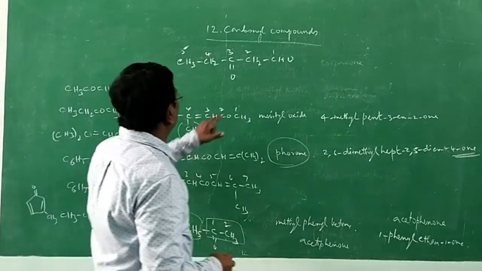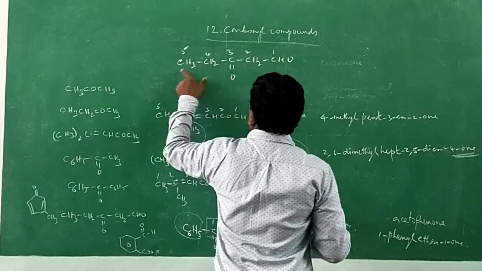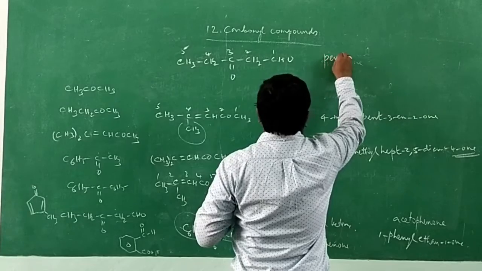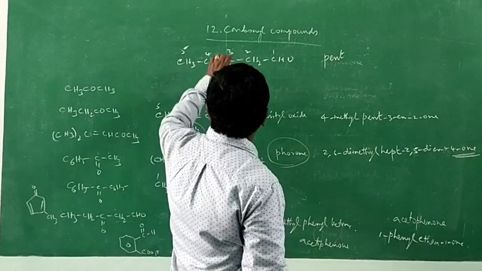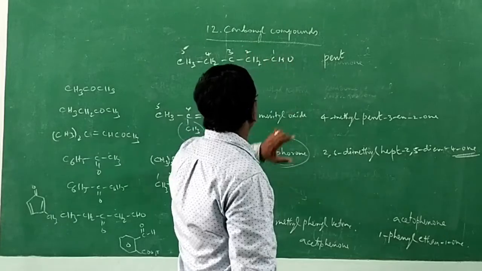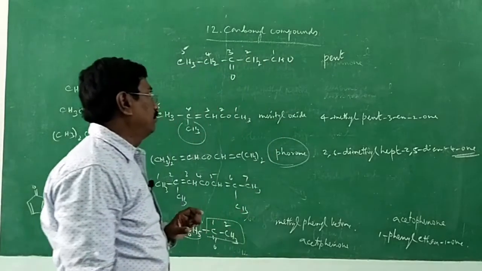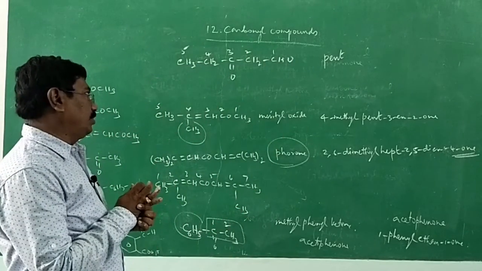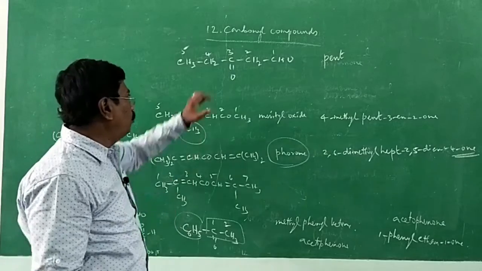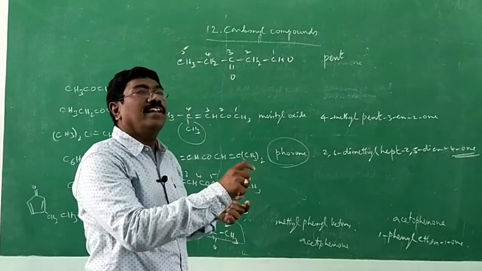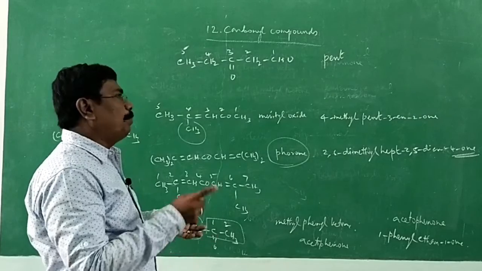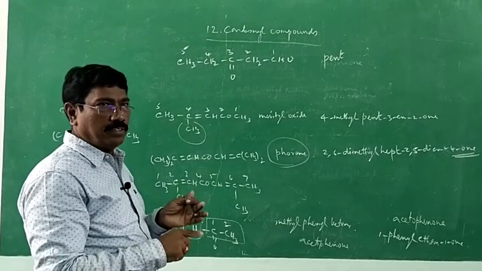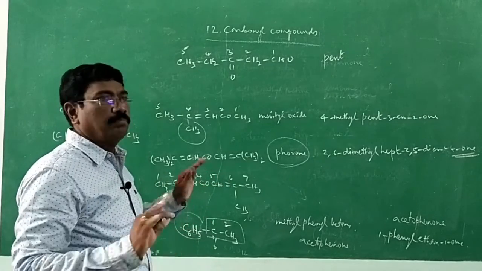Therefore, meth, eth, prop, but, pent. Here we have ketone as well as aldehyde. There we get a little bit of confusion, whether it has to end with one or al. One-al, al-one is meaningless. Pental-one, pentonal, likewise it won't come.